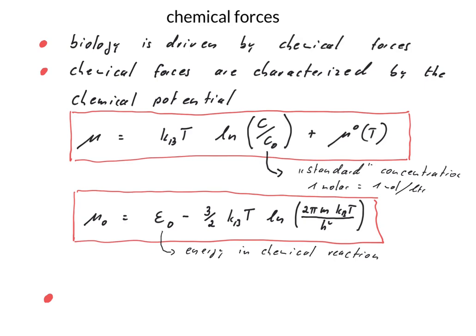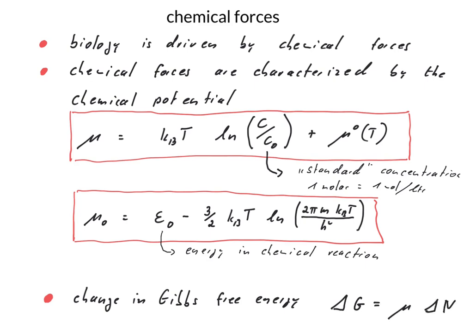Further, we realized that the change in the Gibbs free energy is nothing else than the chemical potential times the change in the number of particles in the system.